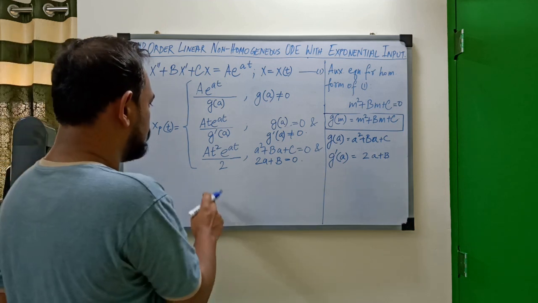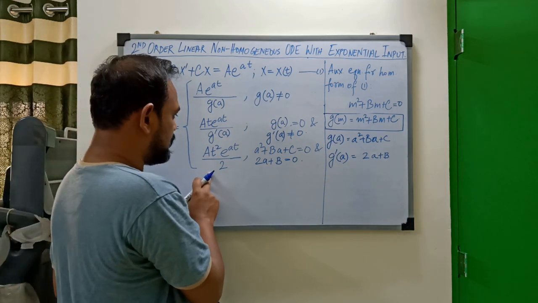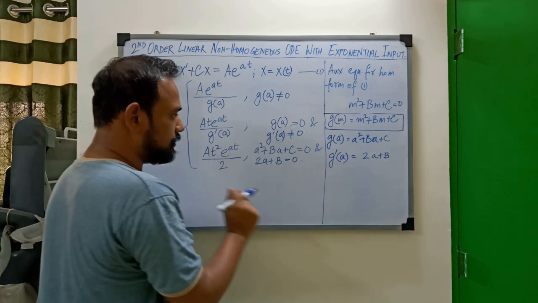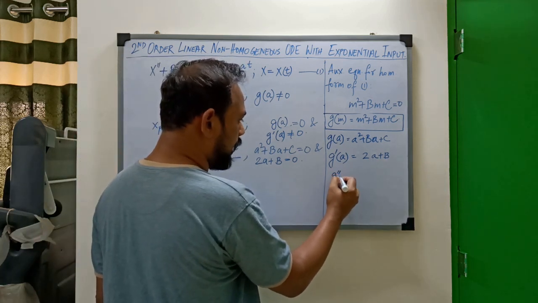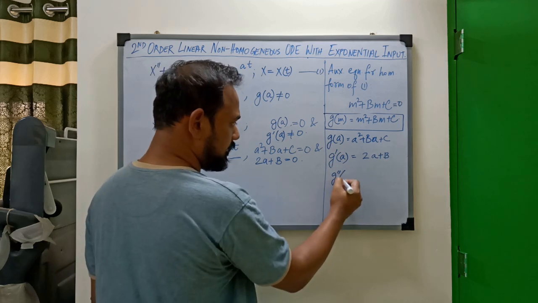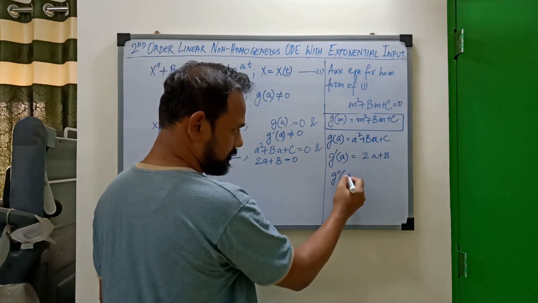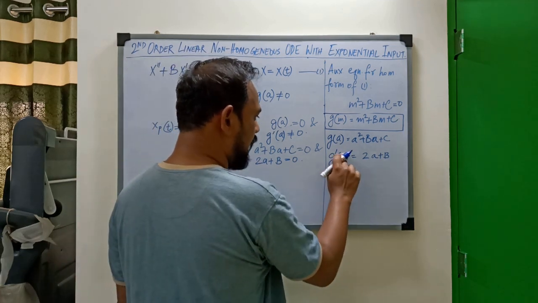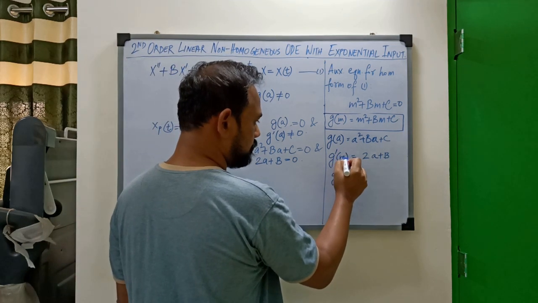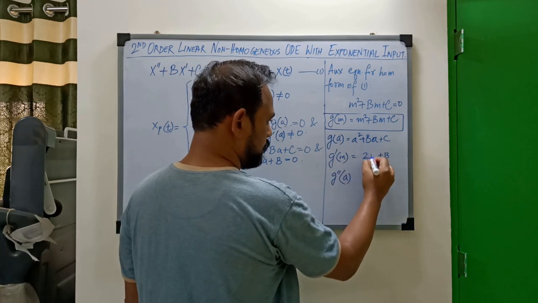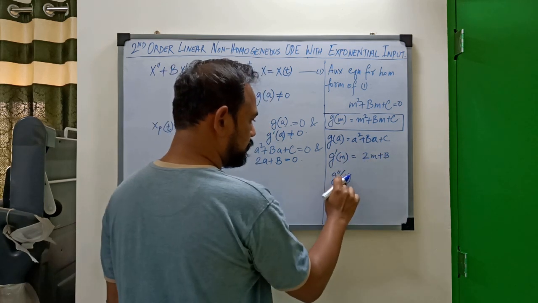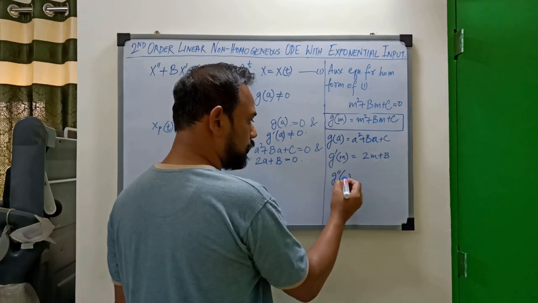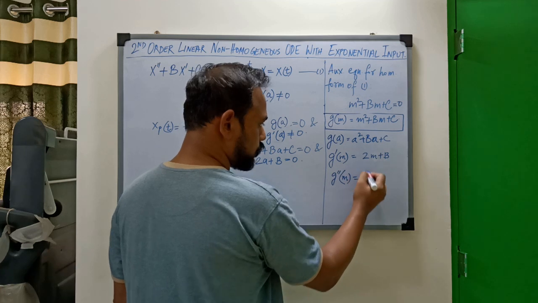What about the last one? There's a 2. How would we get a 2 in terms of g? If you differentiate this twice and then put a. Let's do that. g of m differentiated once was 2m plus b. If you differentiate g of m twice, that is, differentiate this once more, you get just 2.